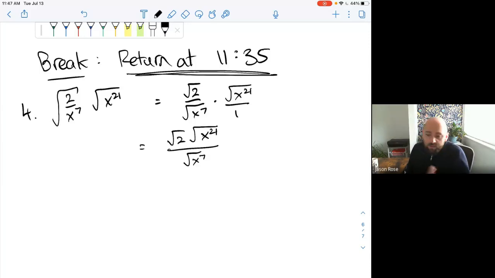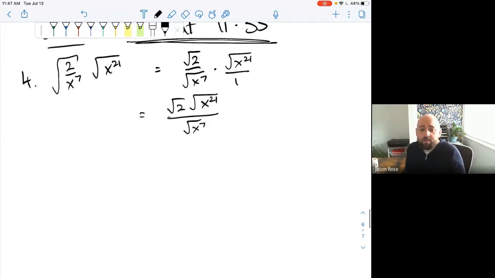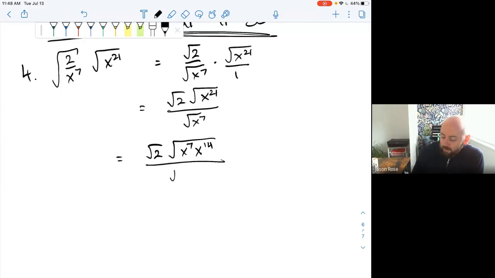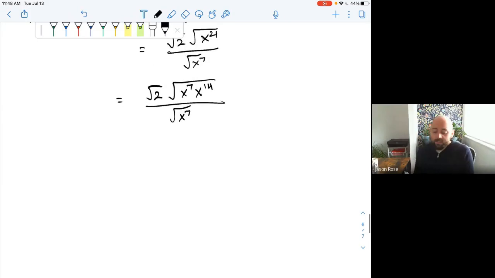You can try to take out the square factors, but I think what might actually be nicer is to make a cancellation first. So my instinct for this kind of one is to say, okay, that 21, I can rewrite this as x to the 7 times x to the 14. The reason I wanted to do that is because in my next step, I can say that this is root x to the 7 times root x to the 14.